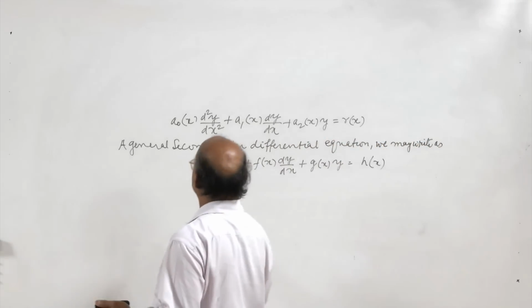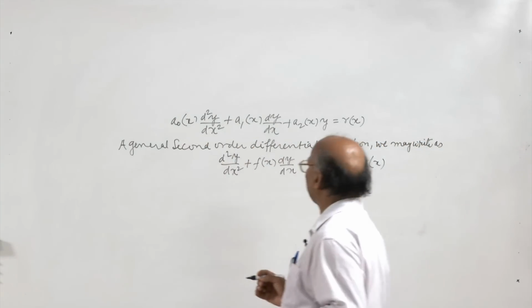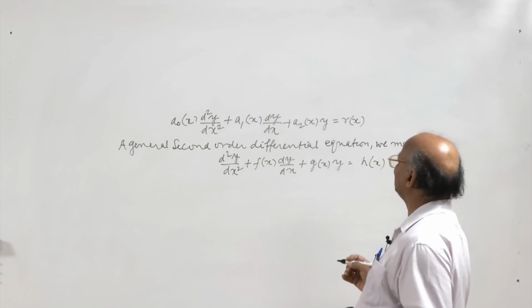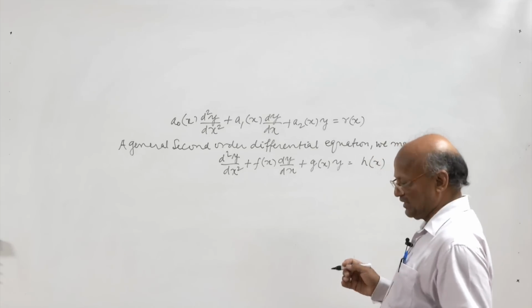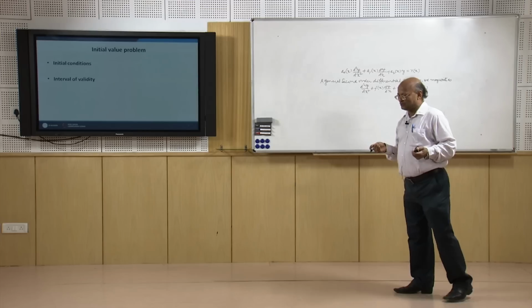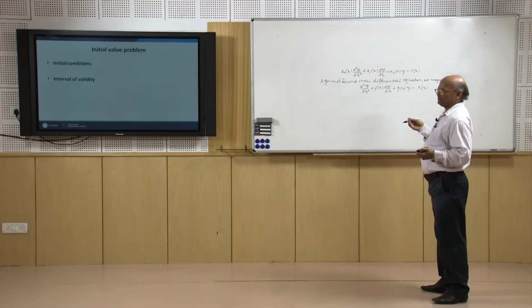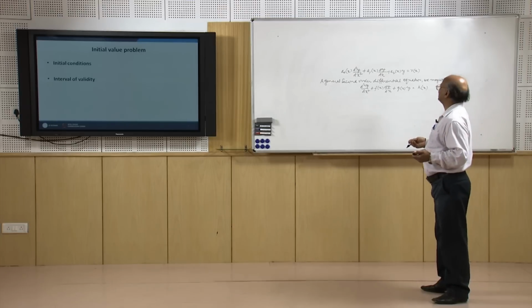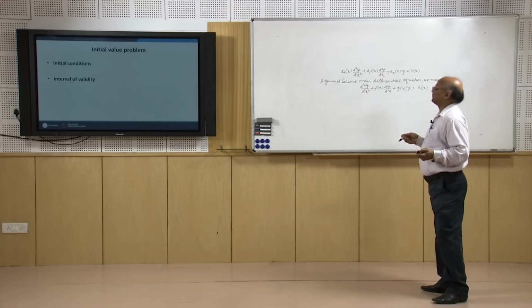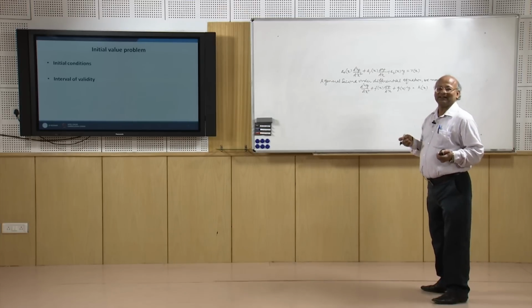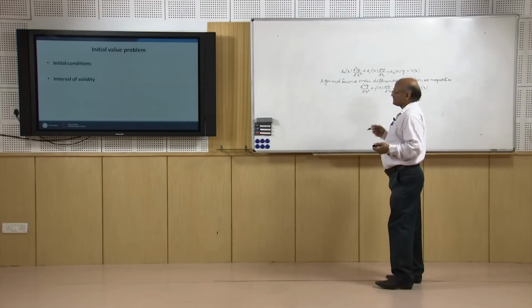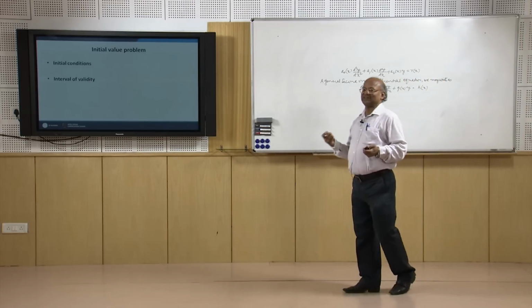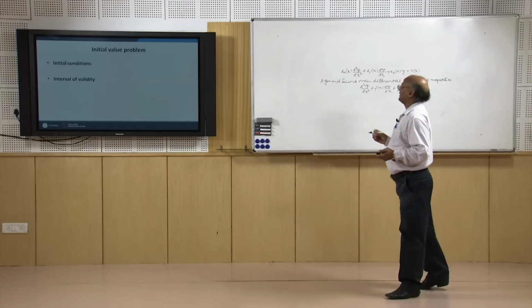Linear dependence and independence play an important role in the solution of second order differential equations, and there the Wronskian also plays an important part. By finding the Wronskian of the solutions y1 and y2, one can see whether they are linearly dependent or independent. This aspect we shall be discussing in our next lecture. Thank you.